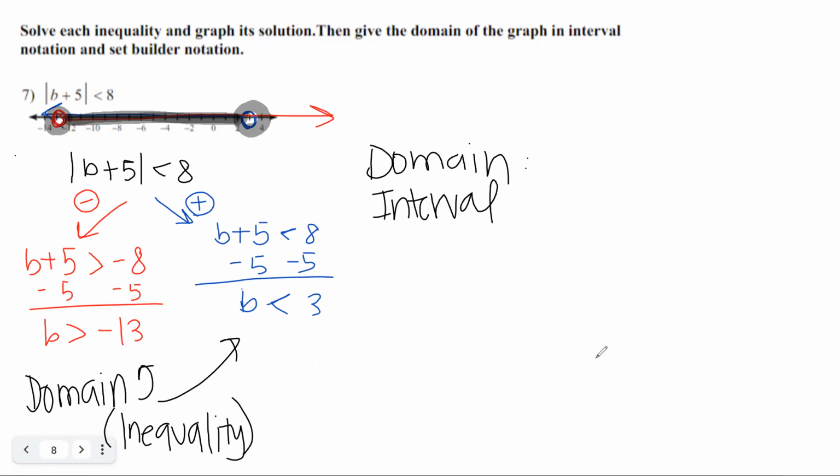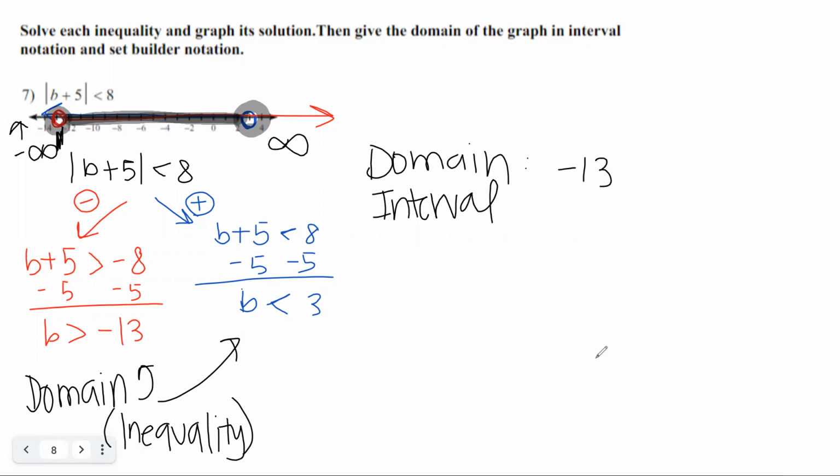So remember, this direction is negative infinity on our number line. This direction is positive infinity. At negative infinity, I am not shading, so I'm not starting. And the first part where my graph actually begins is right here at negative 13.